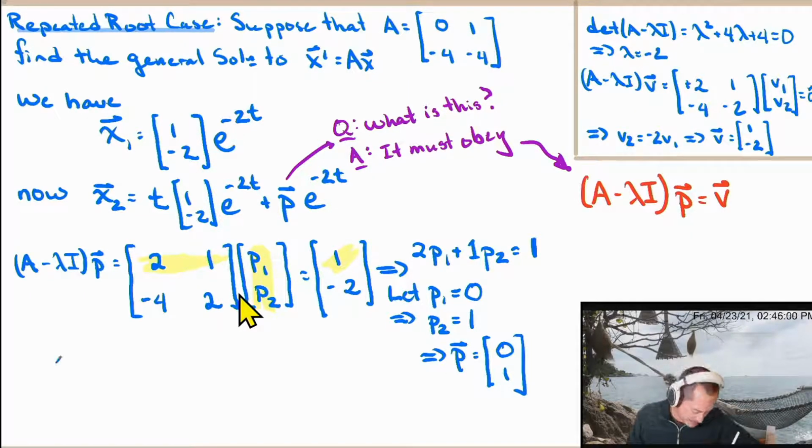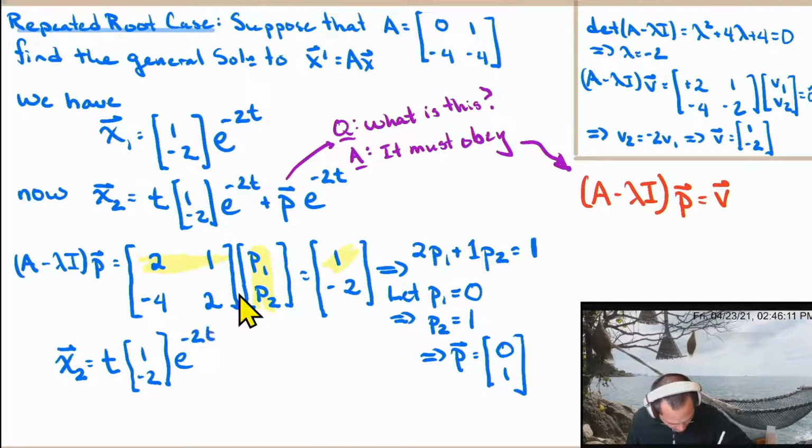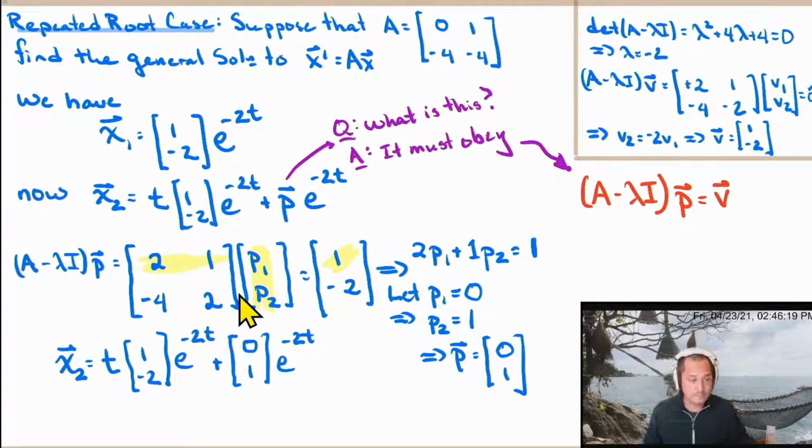And so then what is my second solution? My second solution is t times (1, negative 2) times e to the negative 2t plus the vector (0, 1) times e to the negative 2t.